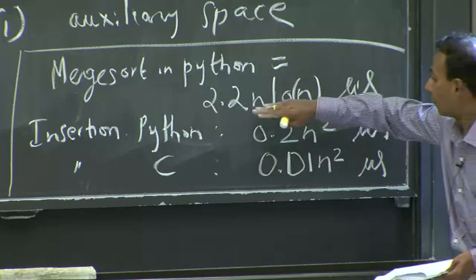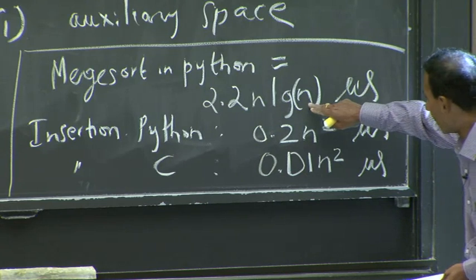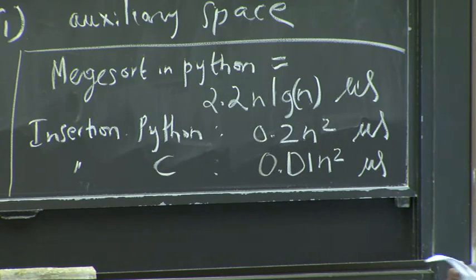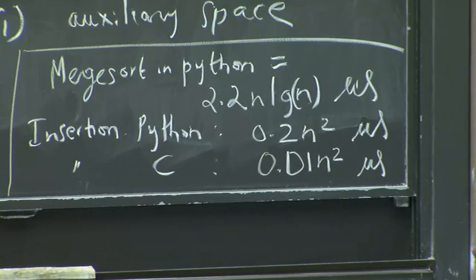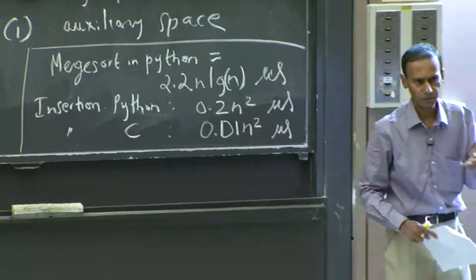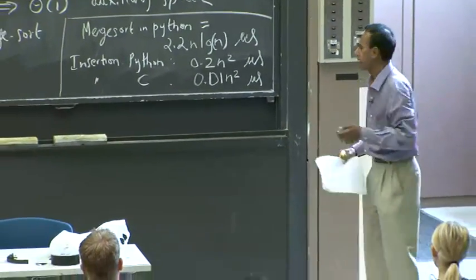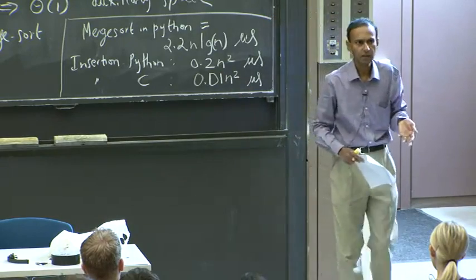And what you can see is that regardless of whether you're in Python or C, this sort of tells you that asymptotic complexity is pretty important, because once n gets beyond about 4,000, you're going to see that merge sort in Python beats insertion sort in C. Right?